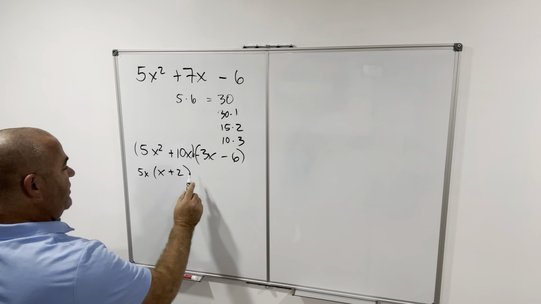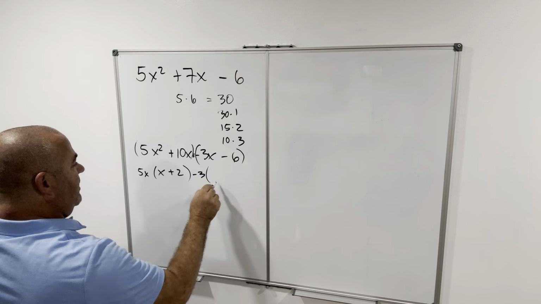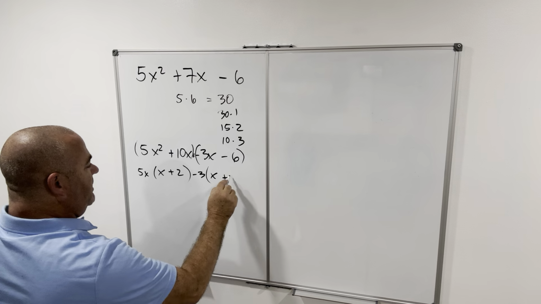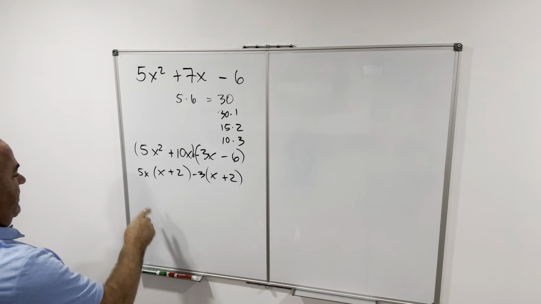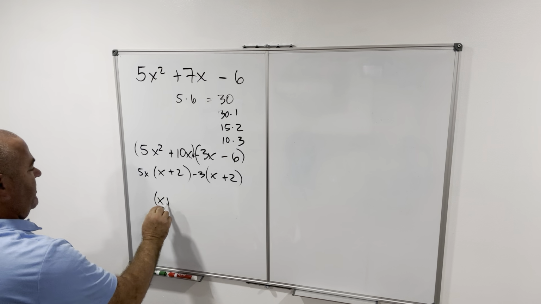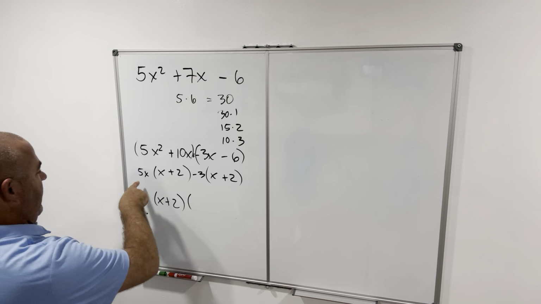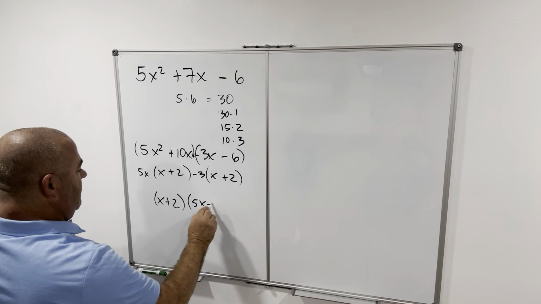And here we can factor out a negative 3, and we're left with x plus 2. Now in this case, we can factor the x plus 2 out of both of these, and we're left with x plus 2 and 5x minus 3.